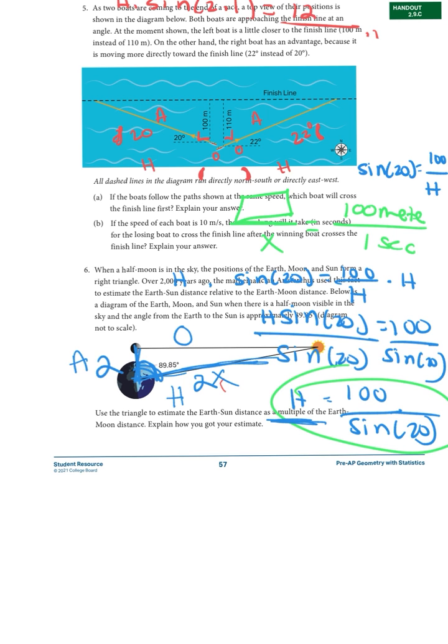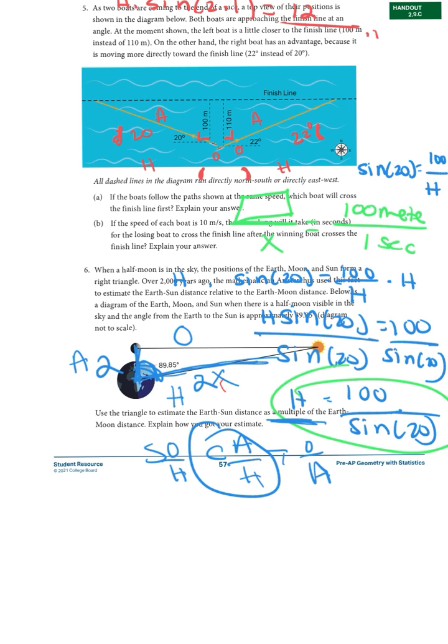So then I'm trying to find the Earth to moon and the Earth to sun. So I'm trying to find A and H. So that means that if I have SOHCAHTOA, I'm going to be using this one right here.